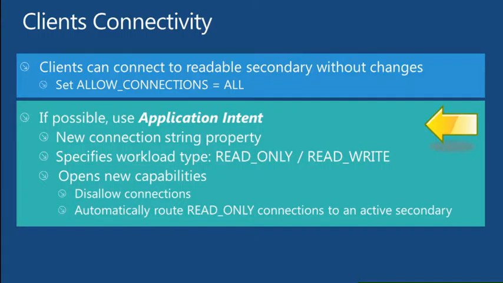At this point, we don't have the intelligence yet to route specific SQL statements to these secondaries. You have to tell us whether the connection is only going to run read workloads or read-write workloads, and based on that, we'll route you to one of the secondaries. But hopefully in future releases, we'll be able to detect specific statements and start routing in smarter ways.